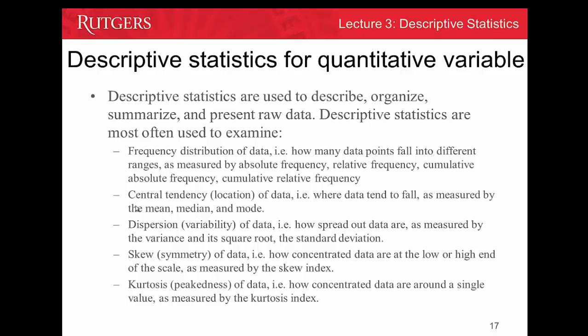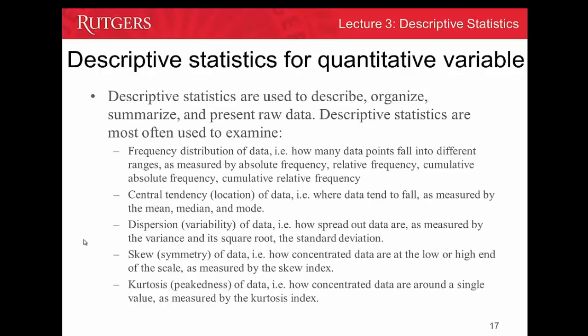And there is also another type of descriptive statistic called the central tendency of data, which shows where the data tends to fall, and is usually measured by the mean, the median, and the mode.